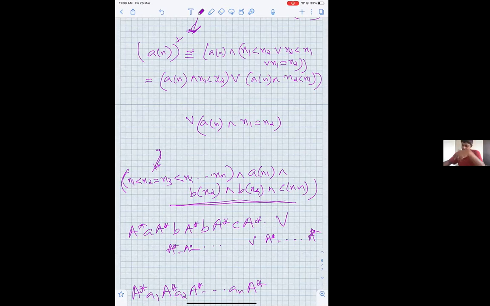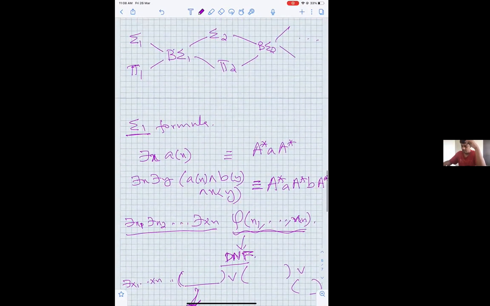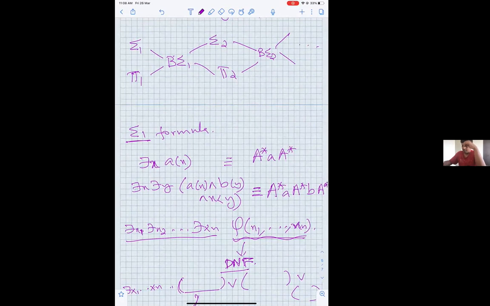This is a standard idea whenever you have to manipulate formulas, but only for very simple cases will such techniques work. For instance, if you are dealing with sigma 1 or sigma 2 or FO with two variables, you will always do such manipulations.